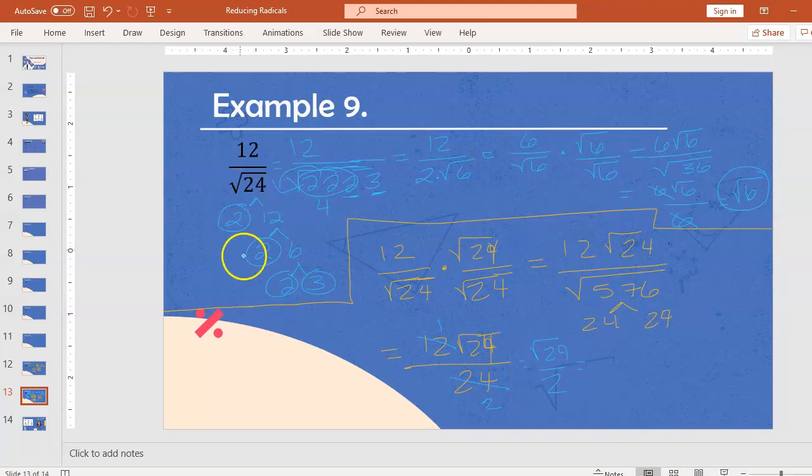We got the prime factors of 24 already. Of course, you would just do that process again. We don't have to because we already did it. And there's our perfect square. Take it out. So we end up with 2 root 6 over 2. Check it out. These cancel and we're left with root 6, just like we got doing it the other way.